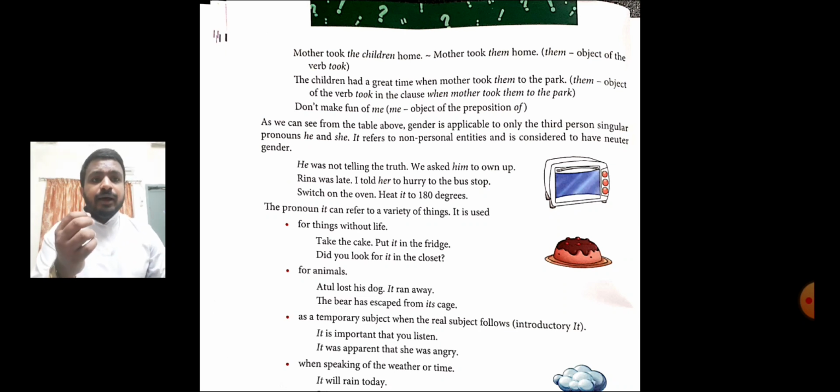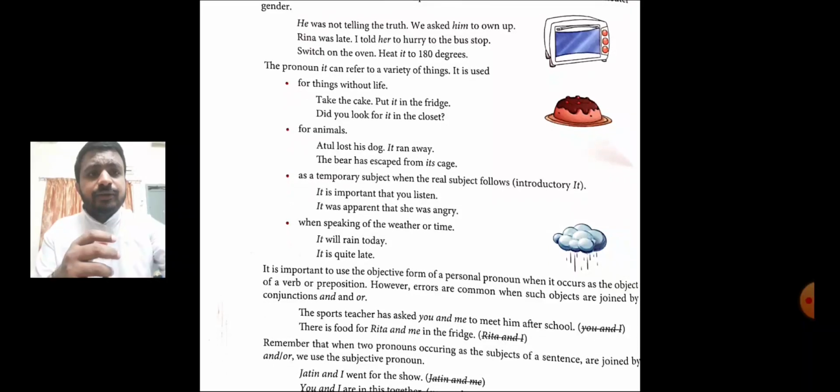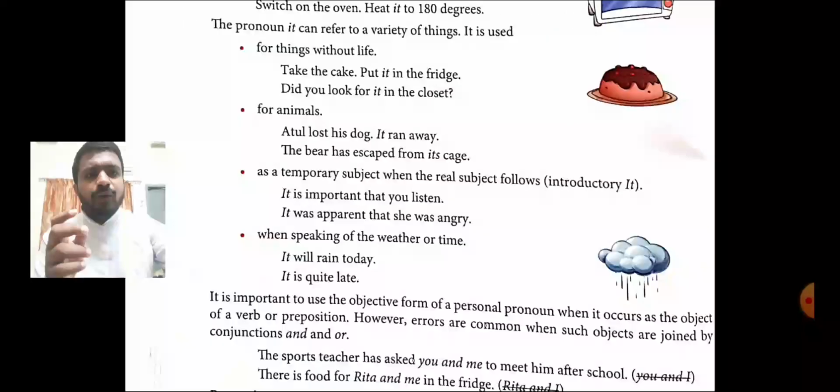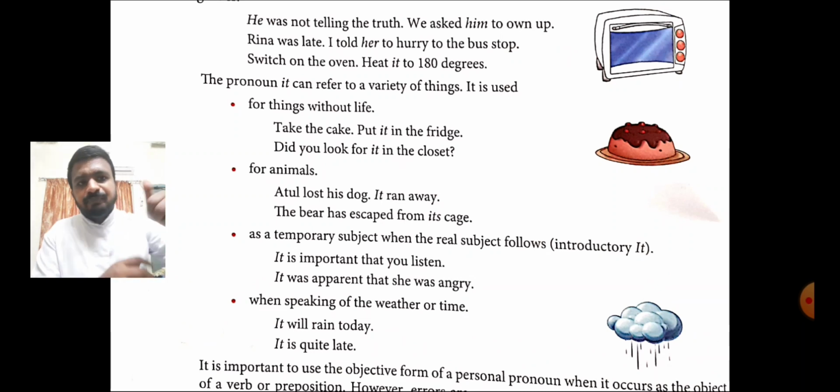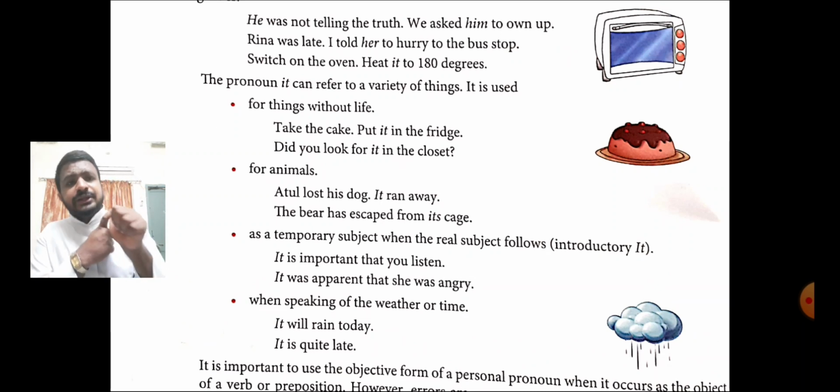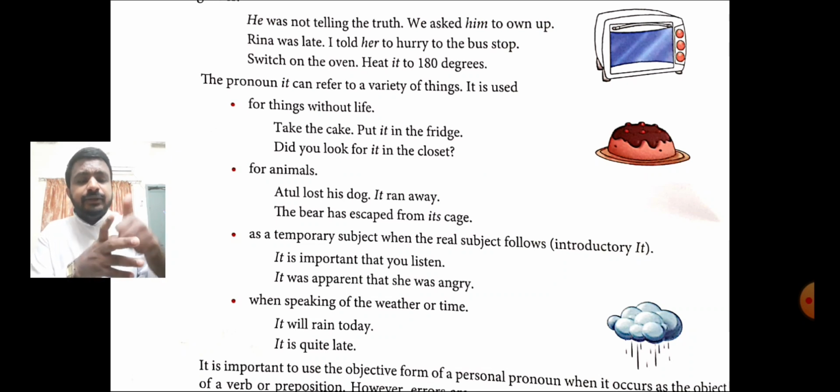For example, we shall say switch on the oven, heat it to 180 degrees. Now we shall see a few usages of it, then you would understand those things better. Now it can refer to a variety of things. First is for the things without life we use it. For example, take the cake, put it in the fridge.